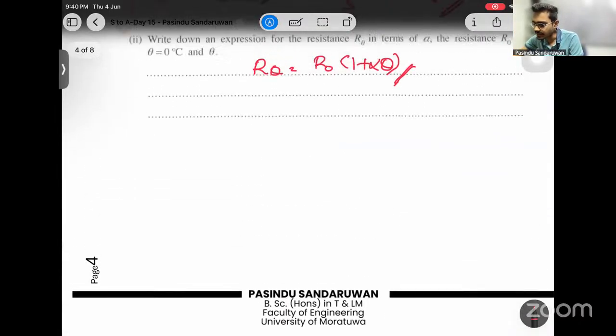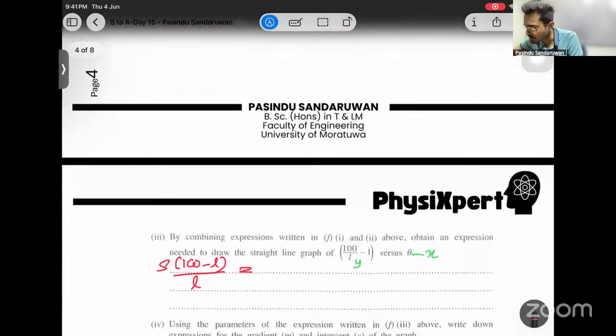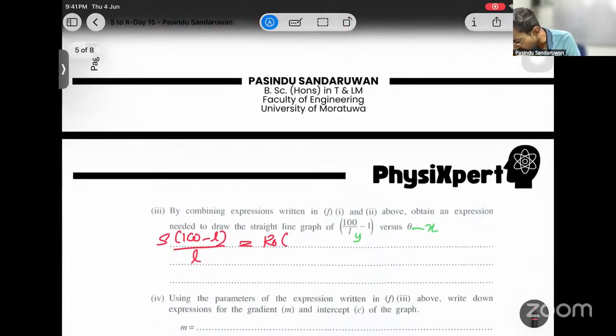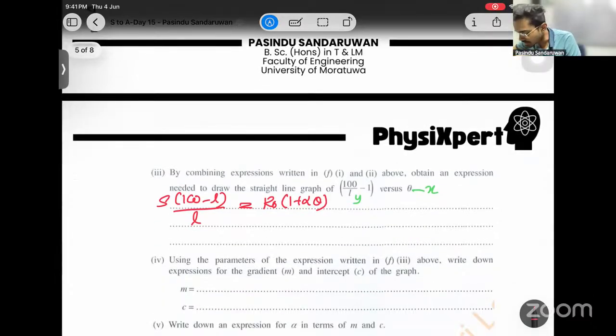R theta also equals R naught times 1 plus alpha theta. Now my y-axis is 100 over L minus 1. This is already here, keep it without doing anything. 100 minus L over L equals R naught over S times 1 plus alpha theta.